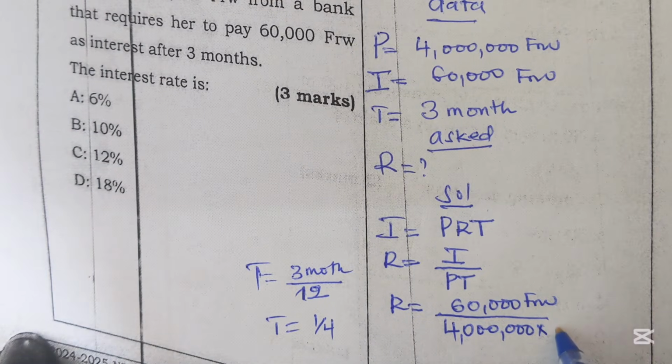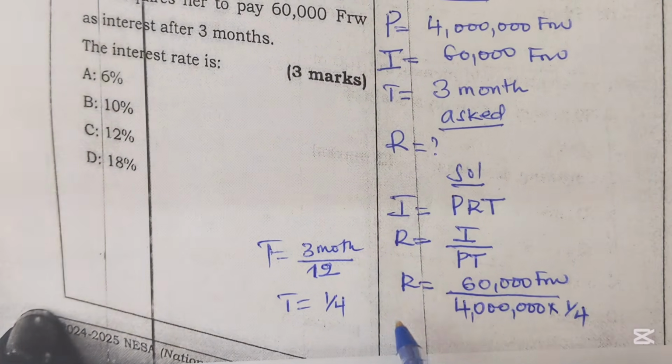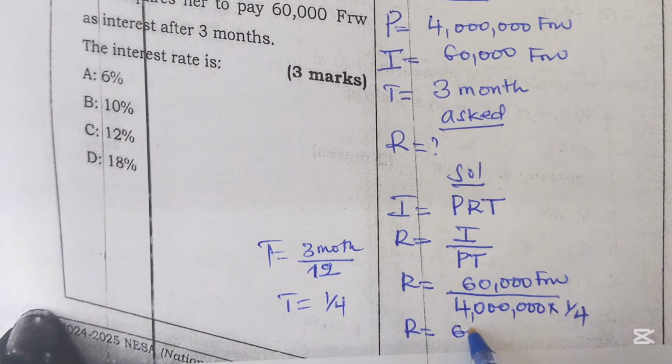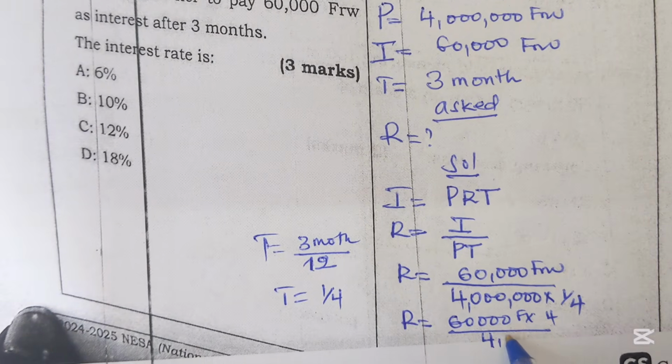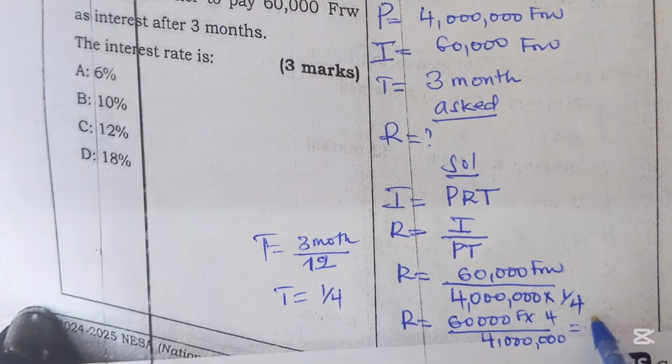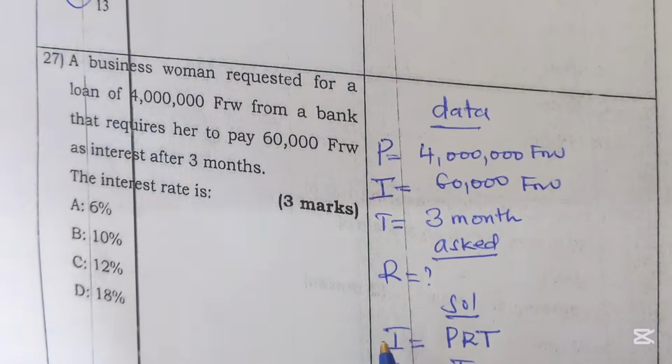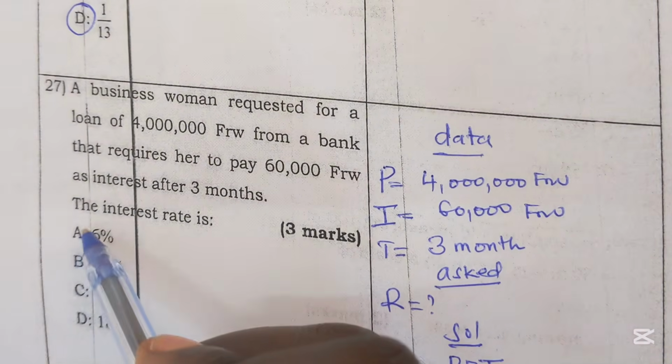So here we multiply by 1/4. Then the rate will be 60,000 francs over 4 million times 4/4 to get 6 percent. Then the answer will be A.